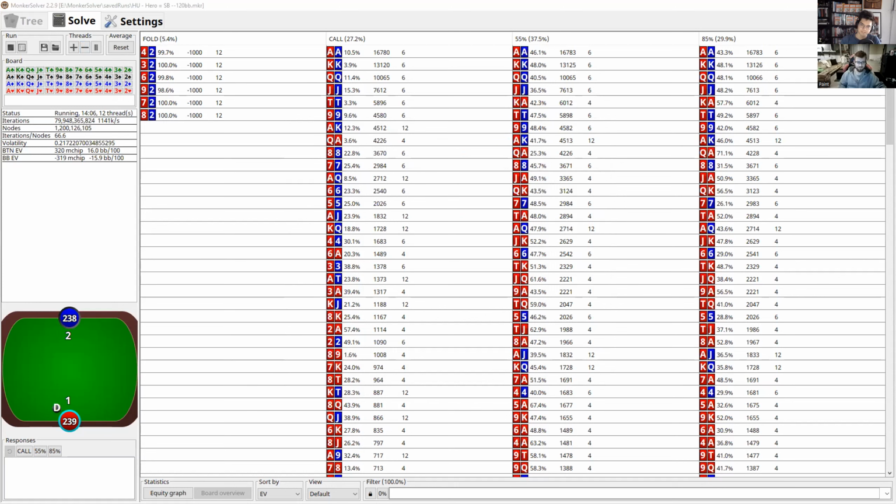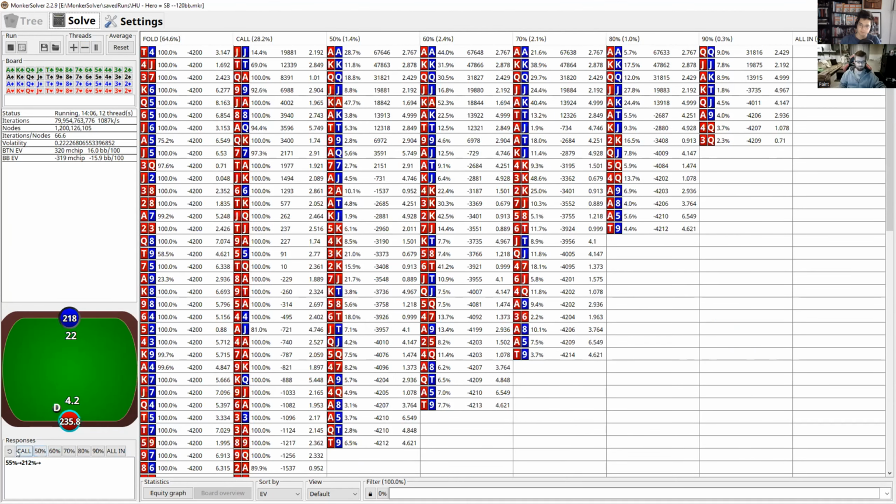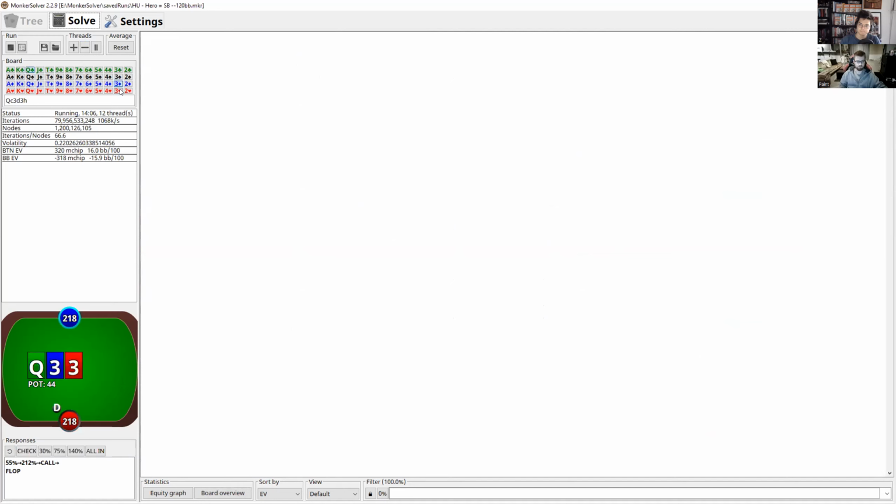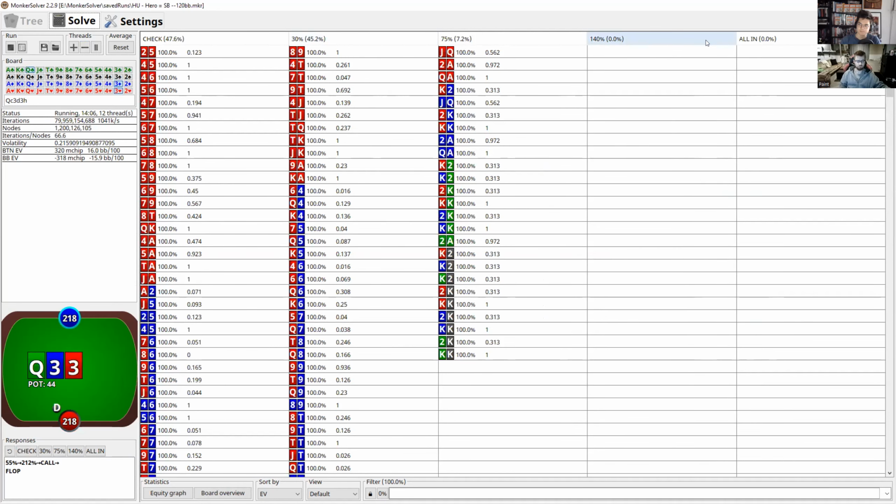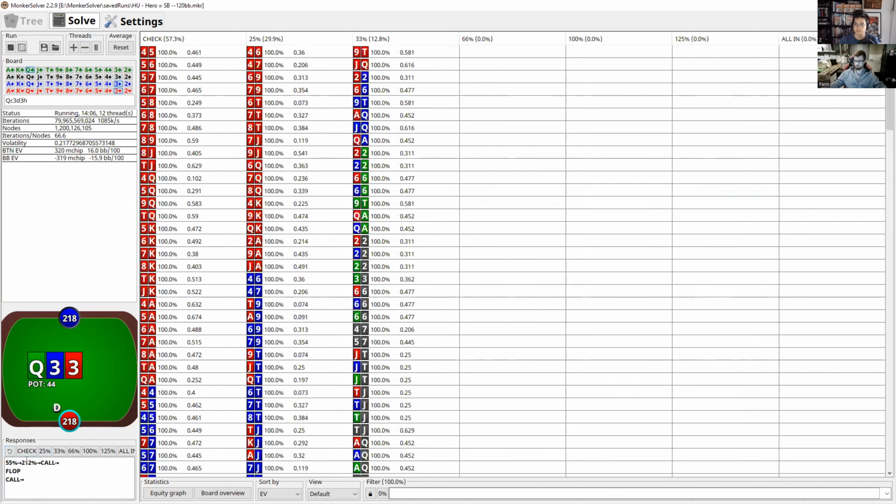Yeah, and it's the same in his 3-bet pots as well. Well, he uses 50 as well, but I just simplified it to the same. So 30, 75, 140, 100, and 140 should roughly approximate what he's doing. And then this is sort of what you're doing with lots of different sizes.